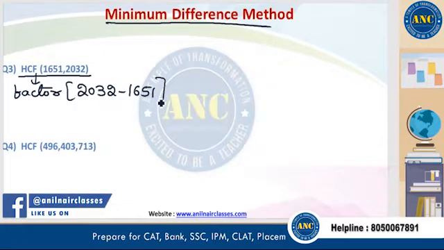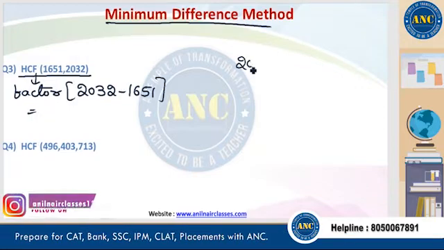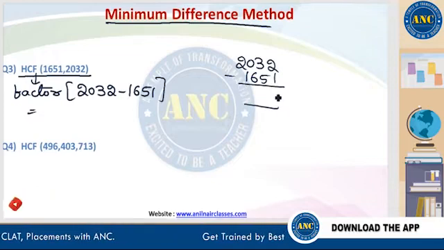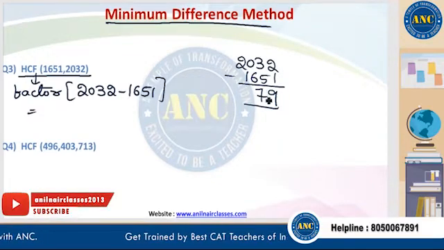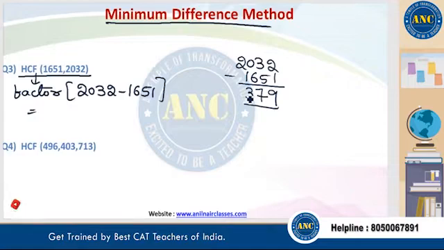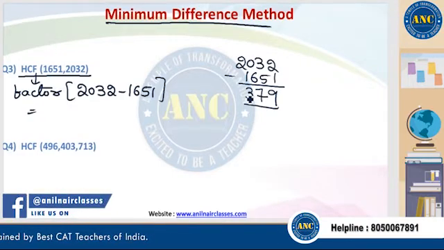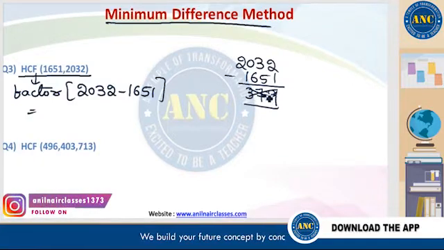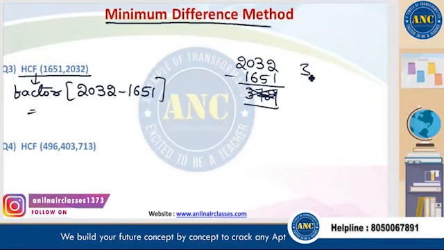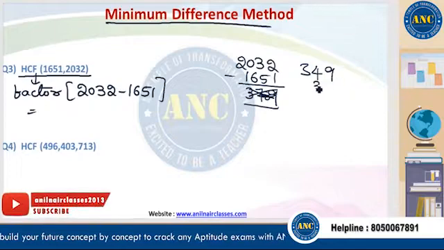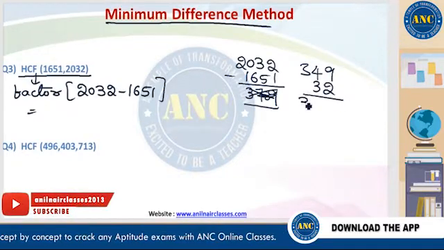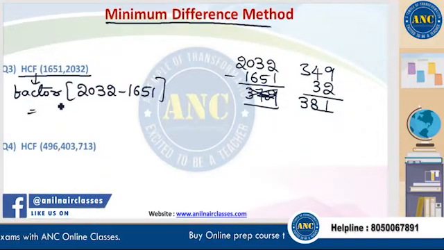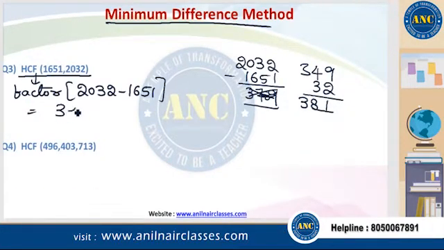Sorry, if I add 349 to 1651, it will be 2000 plus 32, so the difference is 381.